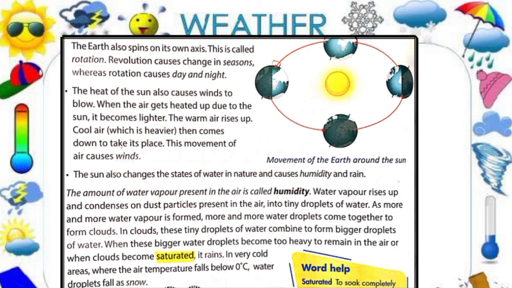As more and more water droplets come together they form clouds, and in clouds these tiny droplets combine to form bigger droplets, and when the cloud becomes saturated, it rains. But in very cold areas where the air temperature falls below 0 degrees Celsius, water droplets fall as snow.